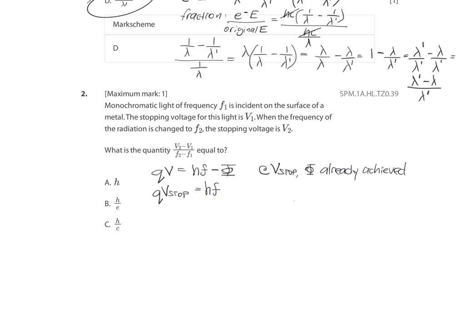Now notice in the answer choices, they're using e for the electron charge instead of Q. Based on the problem, we have two frequencies and two voltages. So we have eV1 equals hf1 and eV2 equals hf2. It wants to know the ratio of the difference in the stopping voltages to the difference in the frequencies.